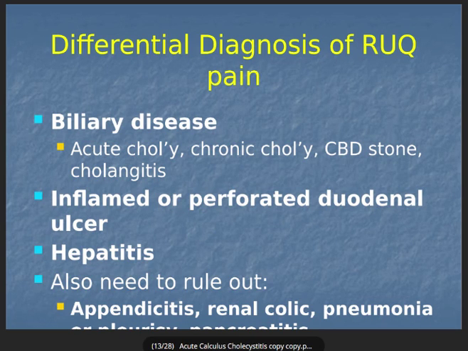There is no radiation to the tip of the shoulder, but also not everybody with cholecystitis has radiation. However, they have more history of heartburn, and this is why in the history you have to ask about heartburn, which is associated with peptic ulcer disease, and it can mimic the same appearance of cholecystitis.